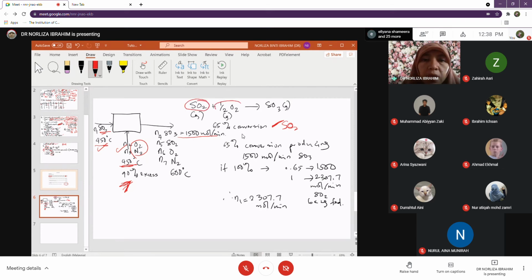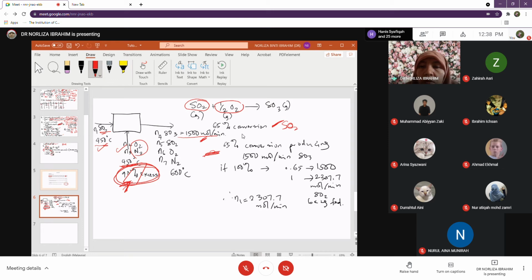Oxygen for sure is your excess, because it is mentioned here that the feed is already 90% excess. So SO2 is your limiting reactant. The 1,500 mole per minute here is the product from the 65% conversion, producing 1,500 mole per minute of SO3.